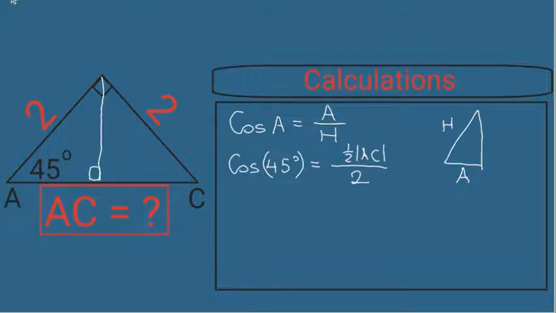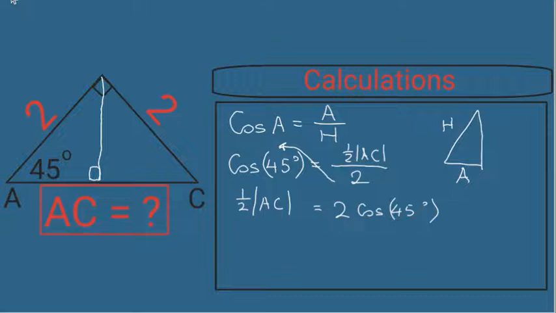Alright, so all we have to do now is multiply up here by our 2. So just multiply up, and we will get 2 cos of 45 degrees, and we will get a half of AC then on the other side. Just look at it back to front.